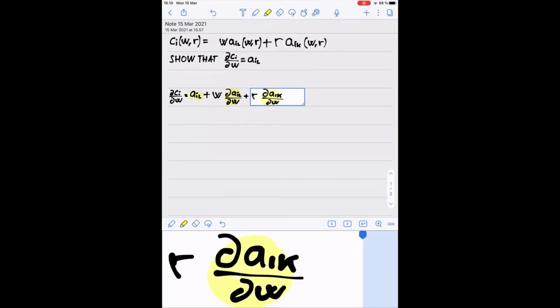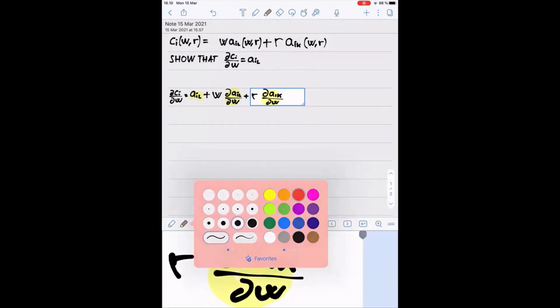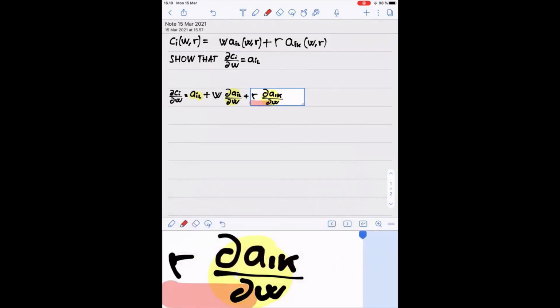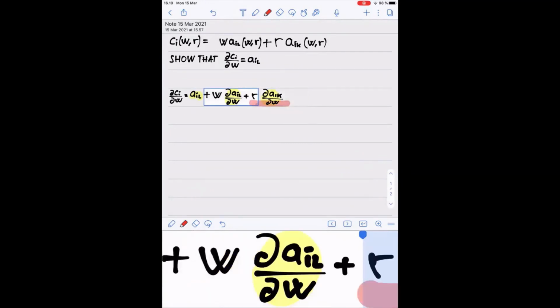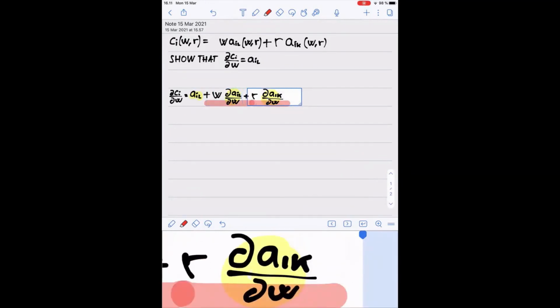Okay, so basically what we want to show is that the terms that I'm going to highlight in red, this term plus this term here, are equal to 0. So how can we do that? Well, first of all, let us look at the production function.